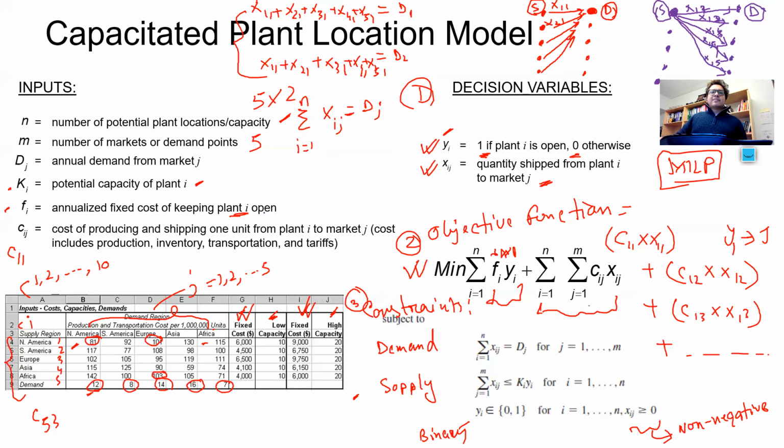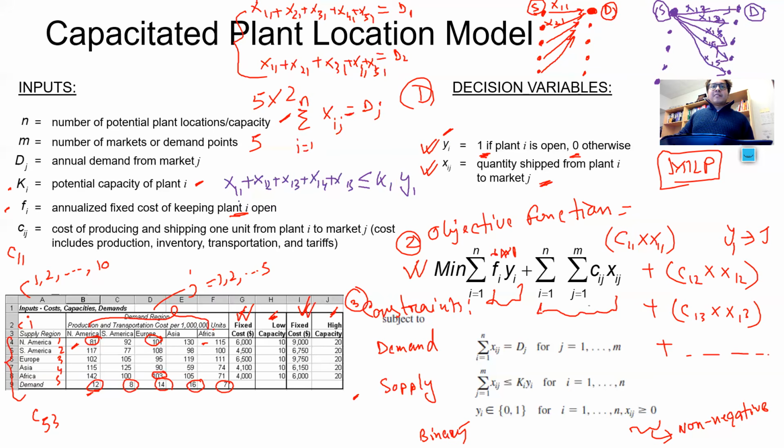Okay, so if I want to write it down, that would be x11 plus x12 plus x13 plus x14 plus x15. This has to be less than or equal to the capacity of plant 1, K1, multiplied by whether it's open or not.